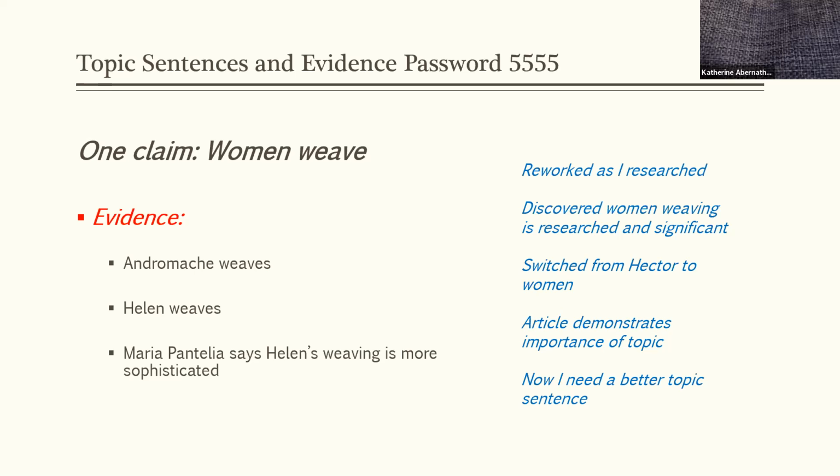First of all, 1 claim per paragraph: women weave. Now, that sounds dumb, but it's simplified. We'll get to the pretty topic sentence later. As I said, I was working on a thesis statement on Hector. The problem was I couldn't find anything about his piety. I really wanted to write a nice paragraph.